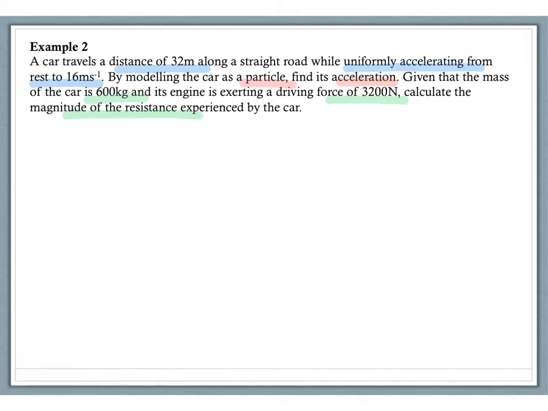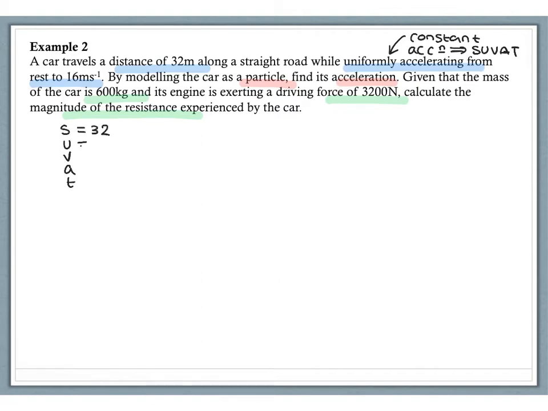So there are some key words here. Uniformly accelerating. That means the acceleration is constant. And that implies that we can use our constant acceleration or our Suvat equations. So let's write down the information that we know. We know the distance travelled is 32.